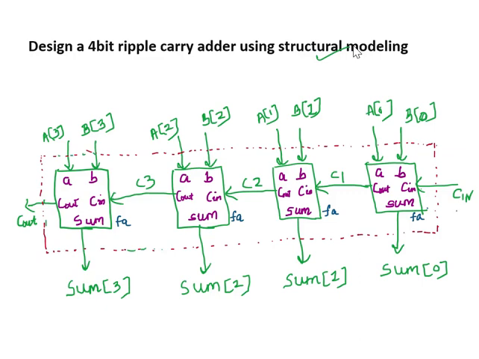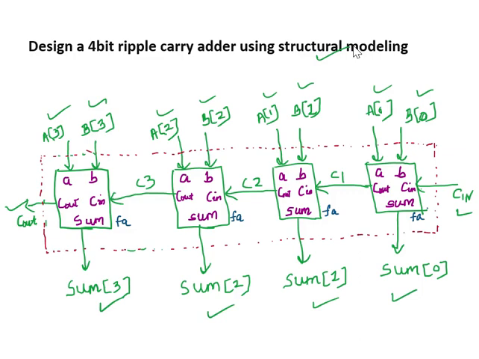I have input C in, then A0 B0, A1 B1, A2 B2, A3 B3, and outputs C out, sum 3, sum 2, sum 1, sum 0. So these are the input and output ports for this 4-bit ripple carry adder.